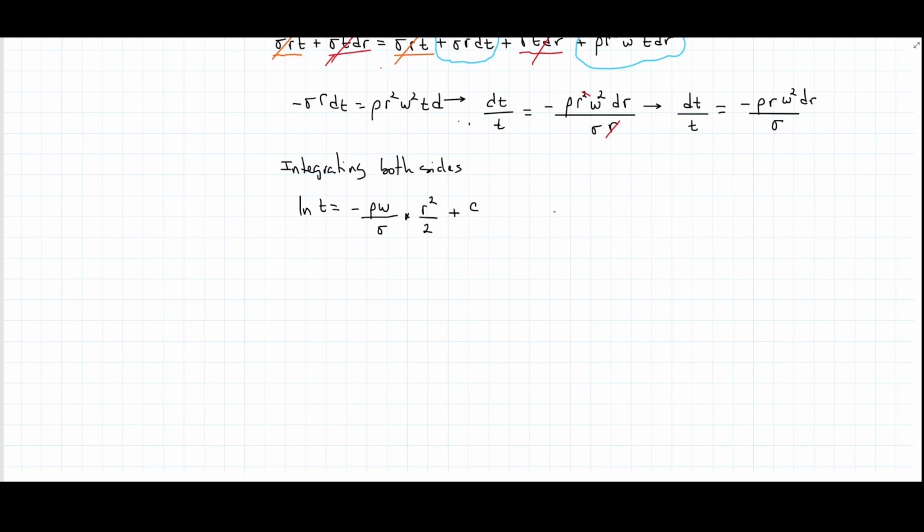Now, as a constant, I can make c the natural logarithm of c, and then put it to the other side, meaning that I could write this like this.